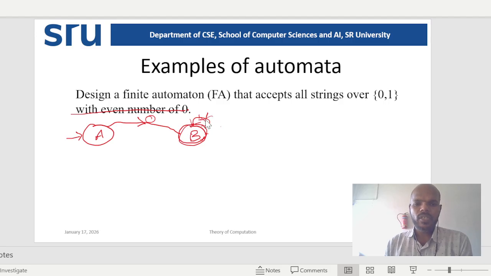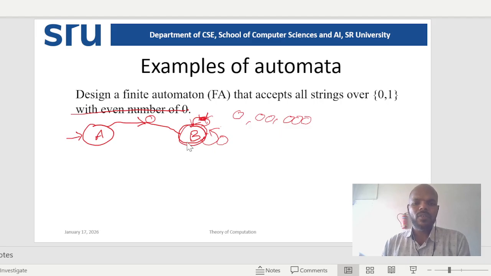So we shouldn't take 1 as a self loop here. So can I take 0? Now check the transition: 0 is accepted, 0 0 is accepted, 0 0 0 is accepted. Any number of zeros will get accepted here.